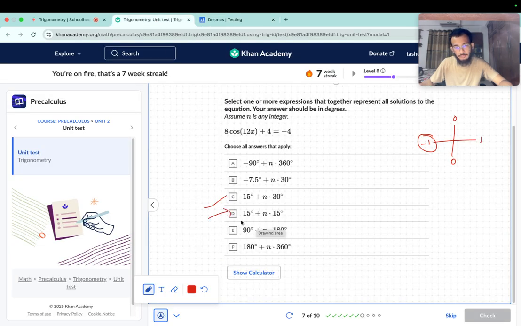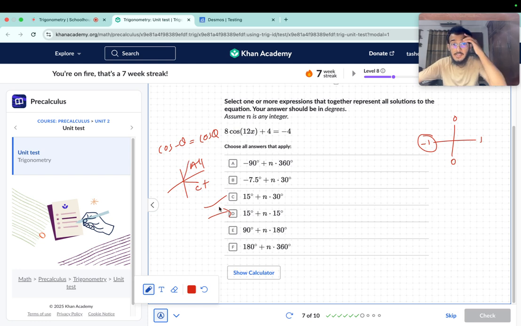And now you need the identity for cos. So we know that cos negative theta is equal to cos theta, because here all trigonometric ratios are positive and here cos is positive, so cos negative theta and cos theta will be the same, and cos of theta plus 2 pi is equal to cos theta.